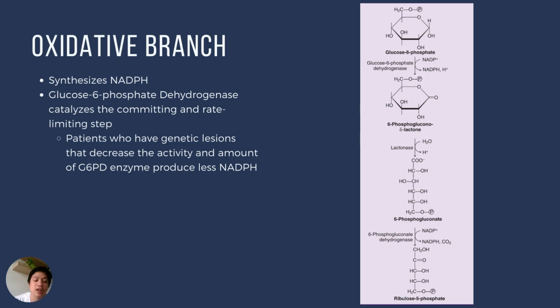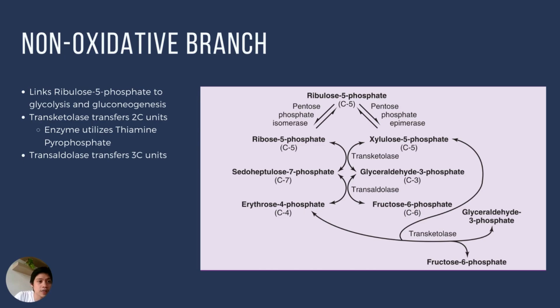Ribulose 5-phosphate then enters the non-oxidative branch. The non-oxidative branch will link ribulose 5-phosphate to glycolysis and gluconeogenesis, which is the major pathway.